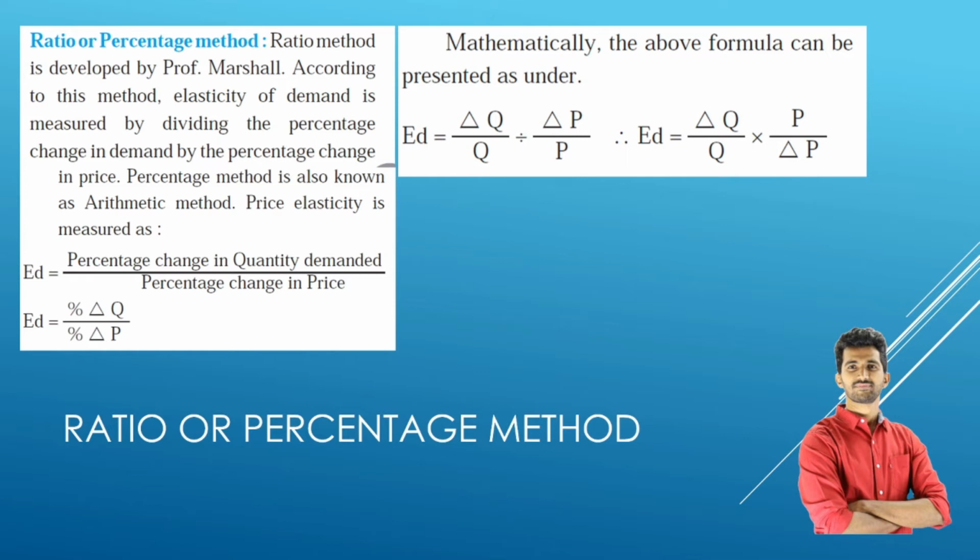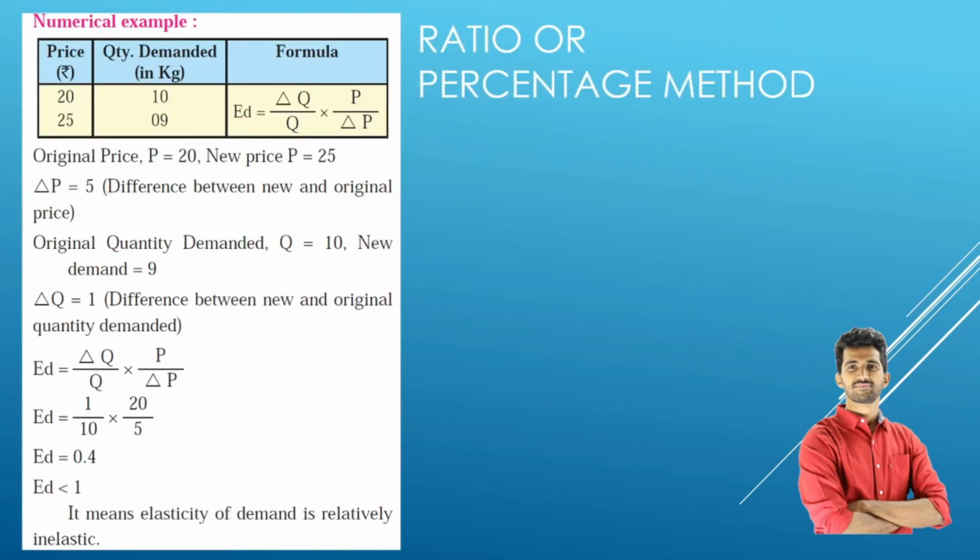Let us understand the ratio or percentage method with the help of an example. Here, we have two important columns, price in rupees and quantity demanded in kg. You can see, my dear students, in the first case, the original price P is 20 and quantity demanded at price 20 is 10 kg.